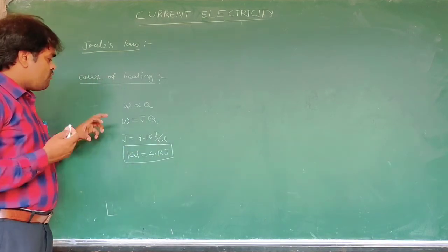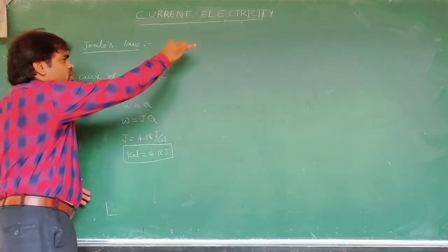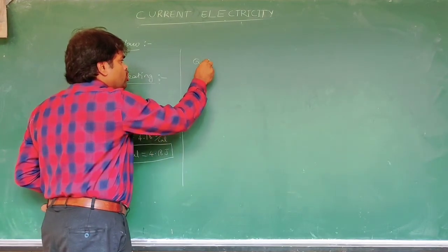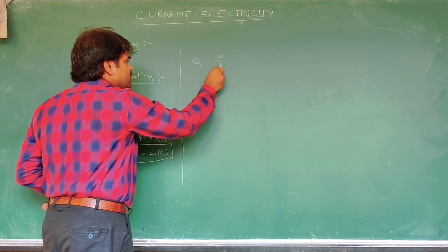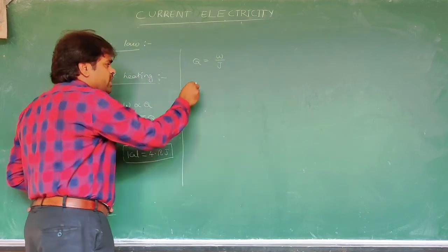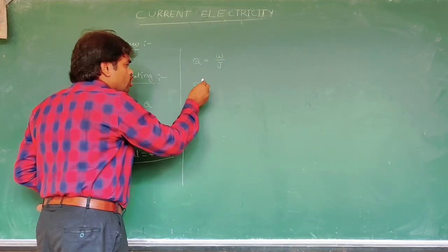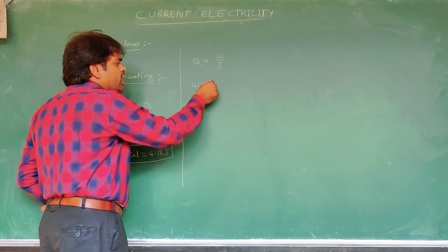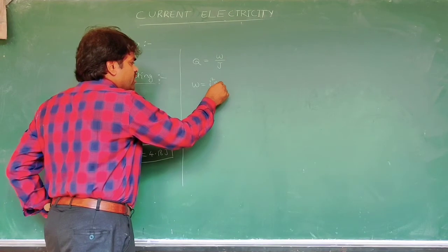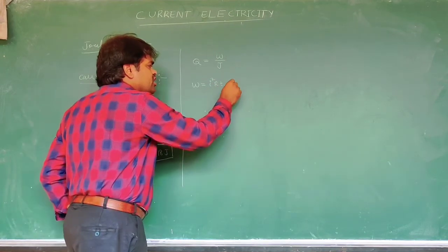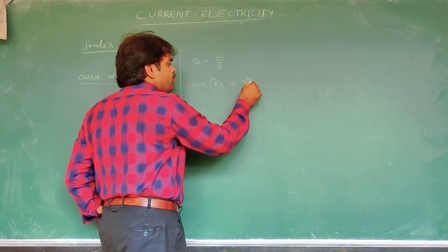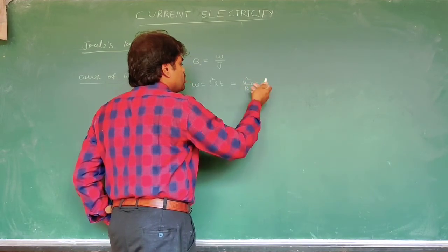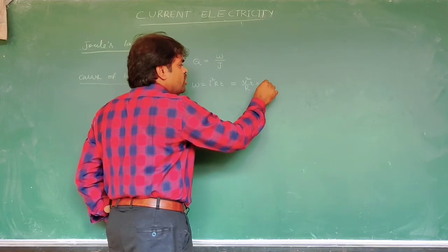Here, for example, the heat energy Q is equal to W by J. That means Q is equal to, we know the formulas of electrical energy, W is equal to I square RT, or V square T by R, or another form, VIT.